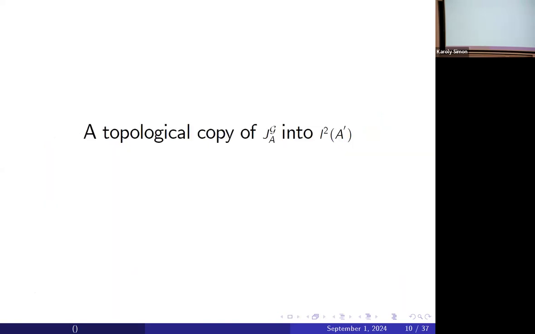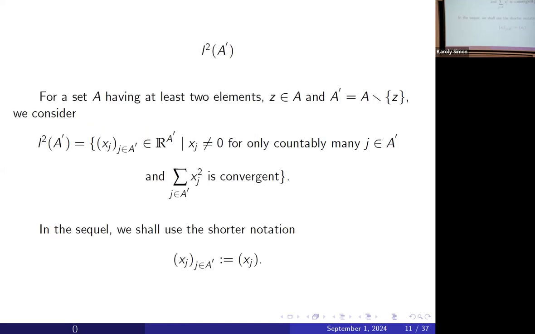And the next step would be to have a topological copy of this space in the space little l2 of A prime. Let me recall that if I have a set A with at least 2 elements, I will fix an element z in A. By A prime, I mean A except z, and we can look at l2 of A prime.